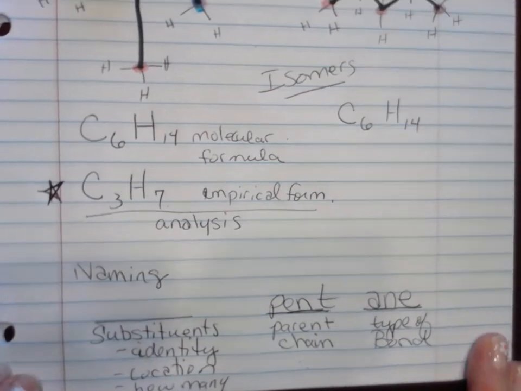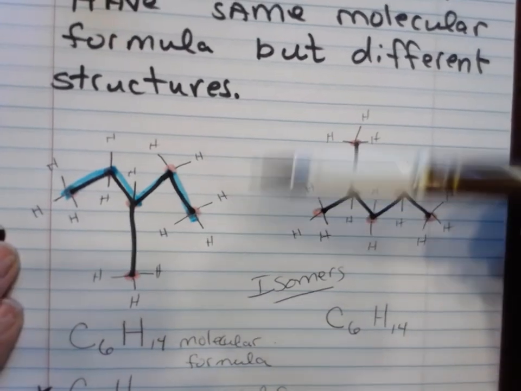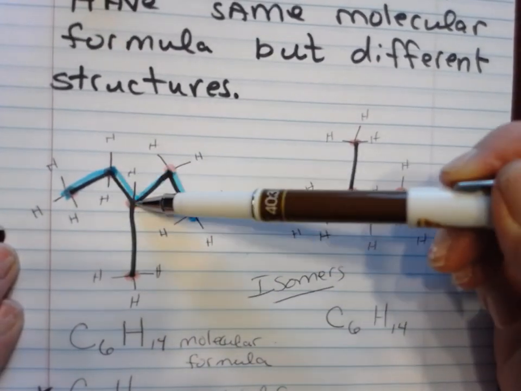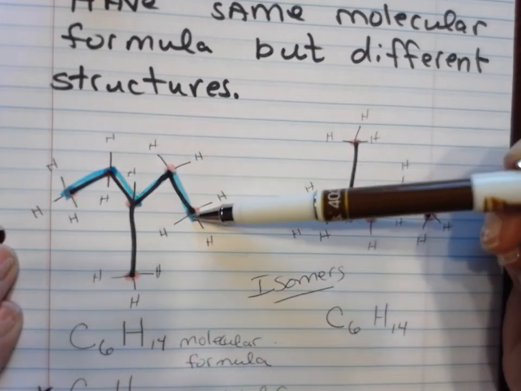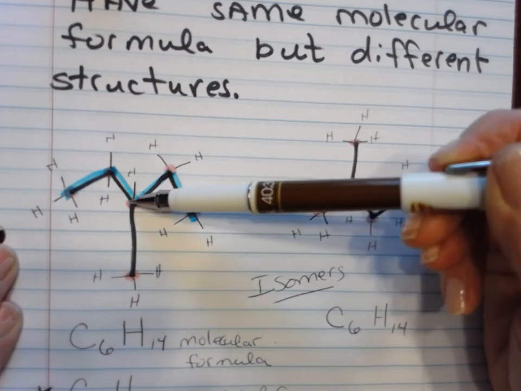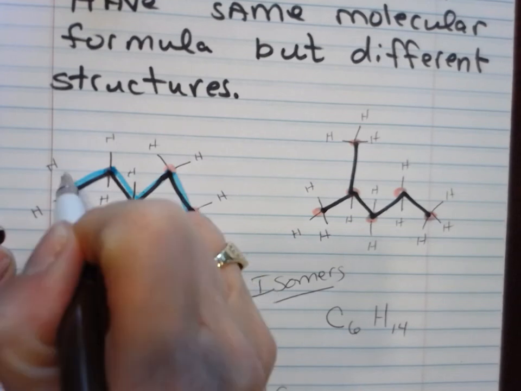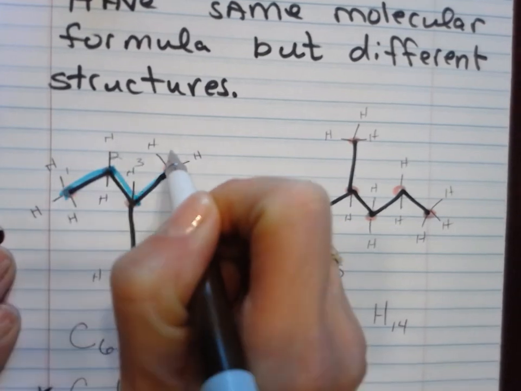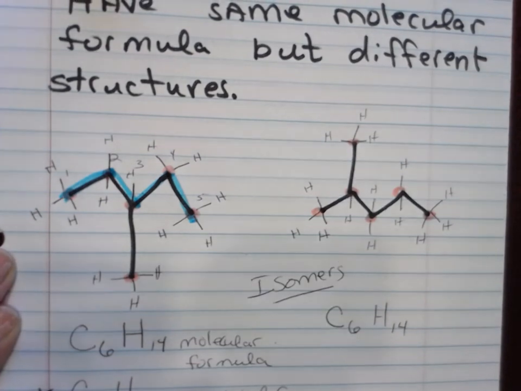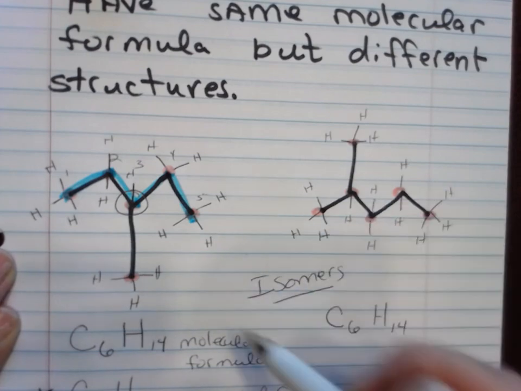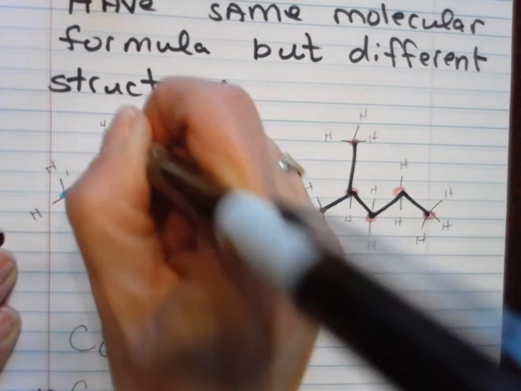Alright, now we have to look at our substituent. In this case it doesn't matter whether we begin numbering from this end or this end, because it is right in the middle. If we number from this end, 1, 2, 3, 4, 5, it's on the third carbon, and that will be the same if we number from this end, 1, 2, 3, 4, 5.